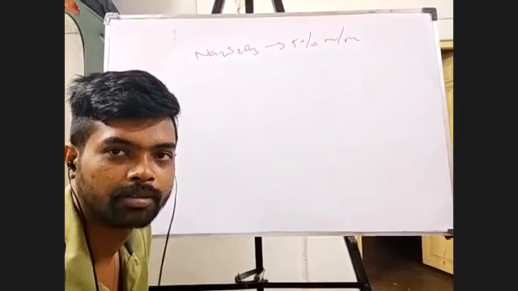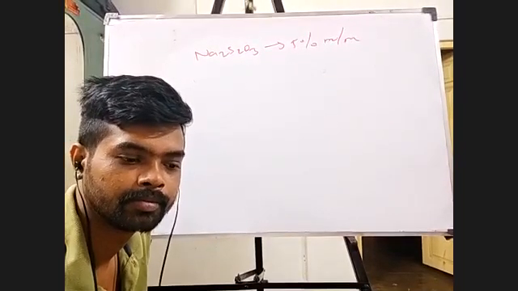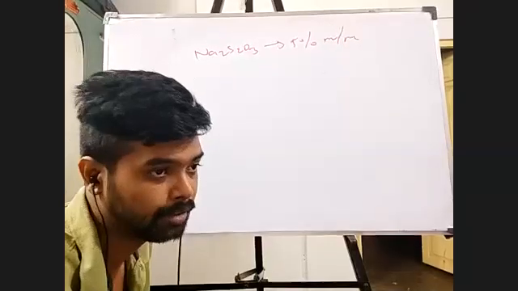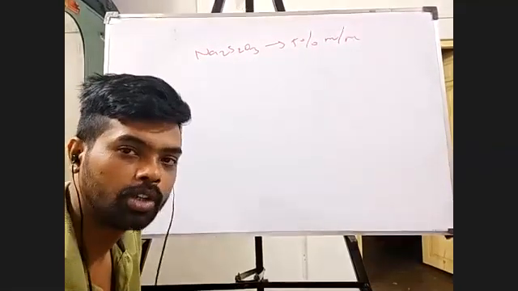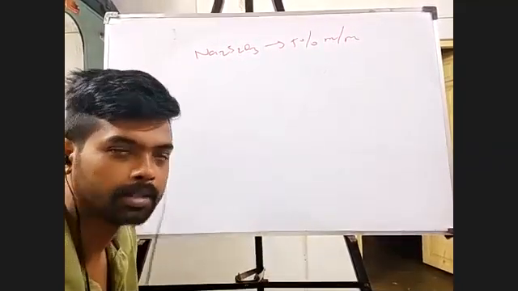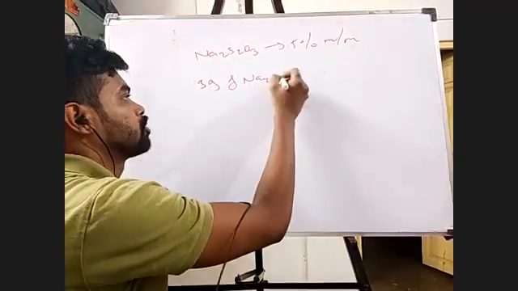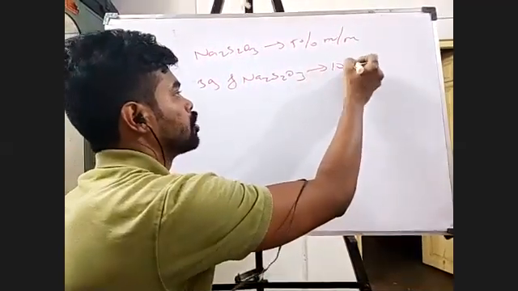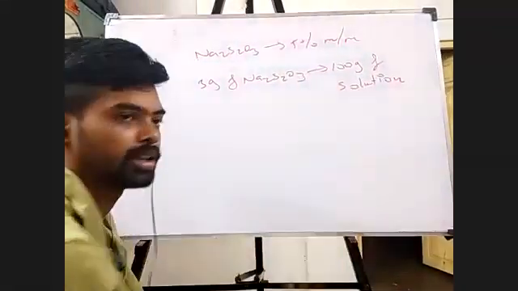Just use the definition of mass percentage. 5% of the solute is present in 100 grams of solution. 5% is 5 grams of the solute. Correct. So 5 grams of the solute is present in a total of 100 grams of the solution. That's what it means. So I will write the statement here: 5 grams of Na2S2O3 is present in a total of 100 grams of solution. That is what is understood.